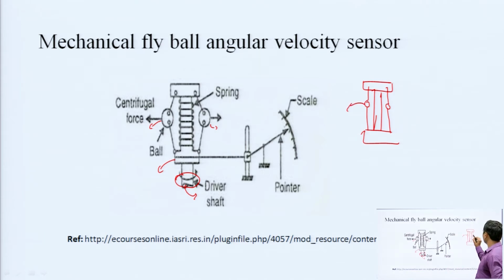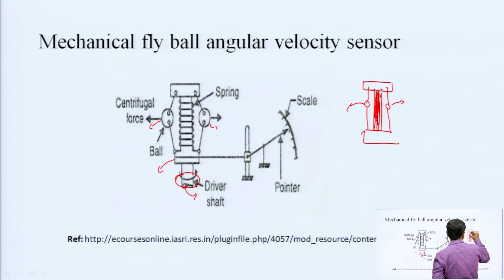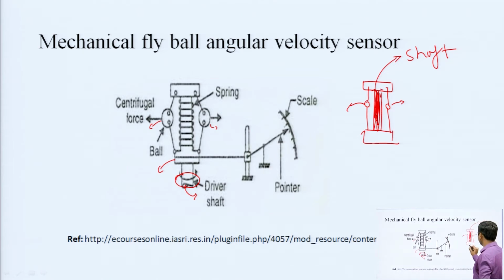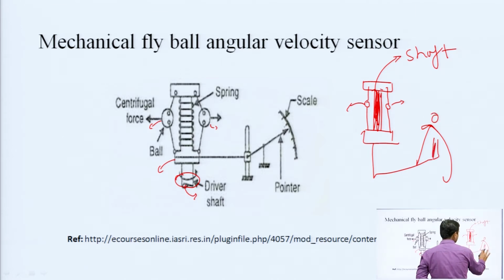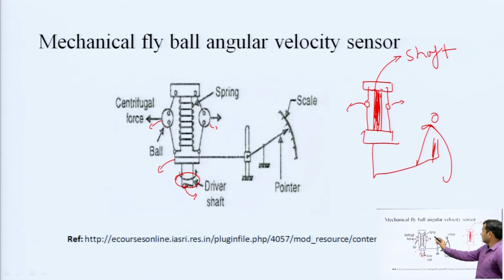When these two balls are in a stationary position, it means the shaft is not rotating, and the pointer is on the 0 when there is no motion and the shaft is stationary.